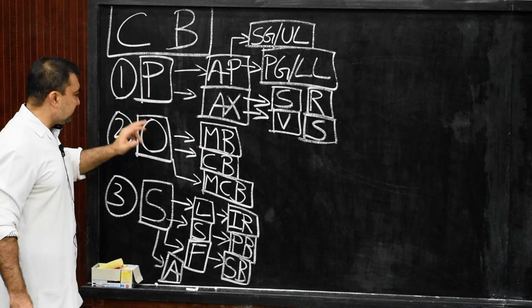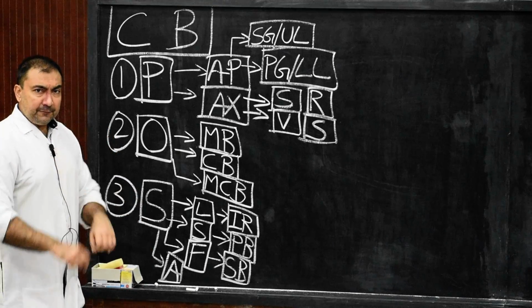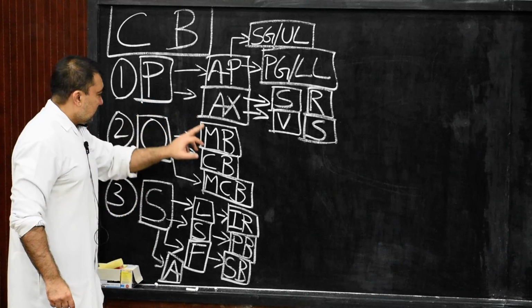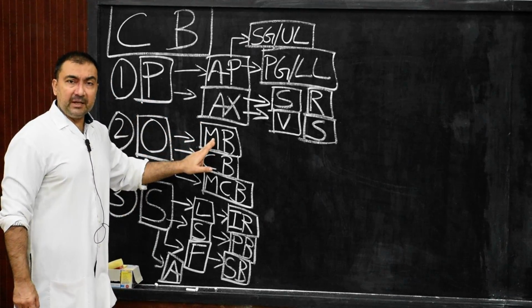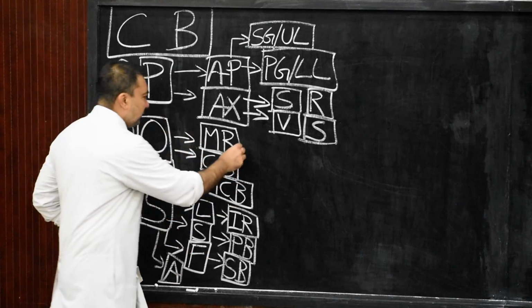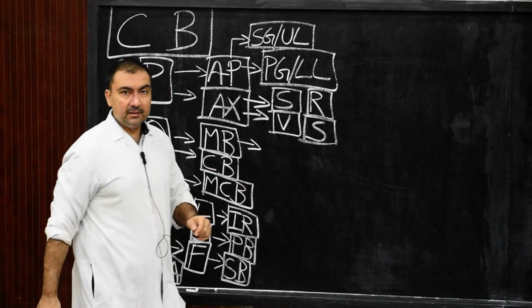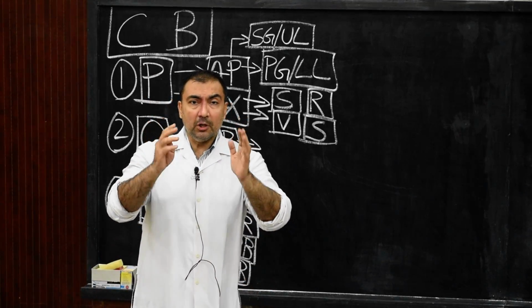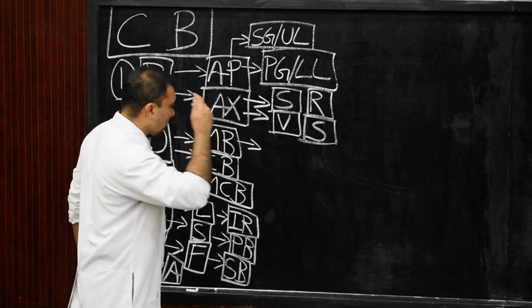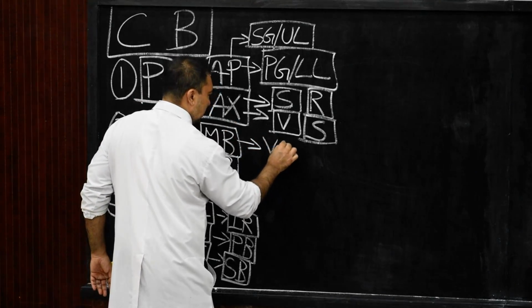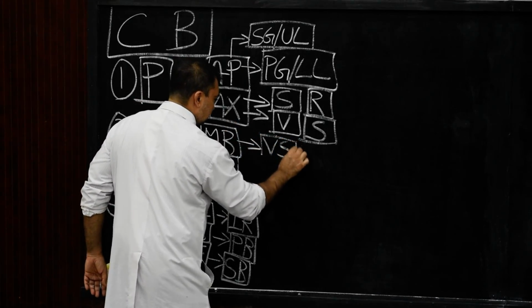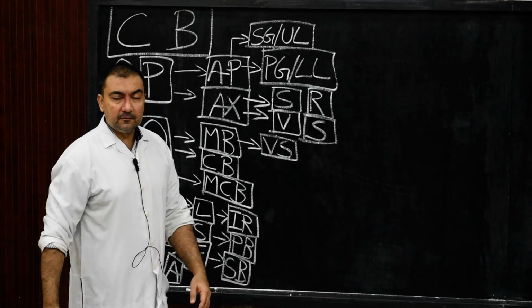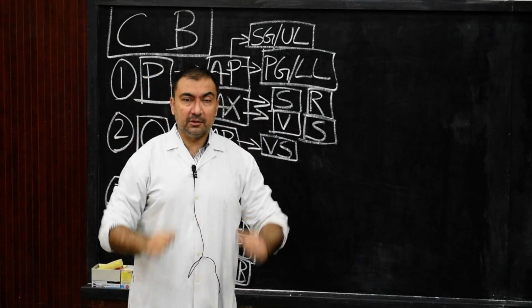Now second, ossification. Those bones which ossify in membrane are called membrane bones. An example of membrane bones will be the bones of the vault of the skull, for example, parietal bones of the skull.